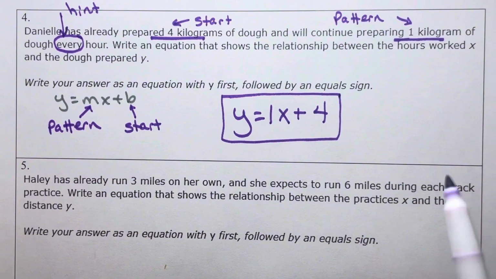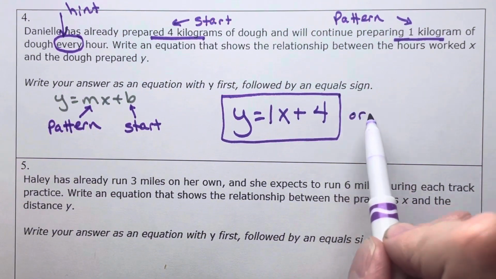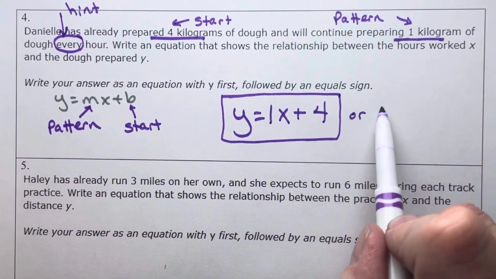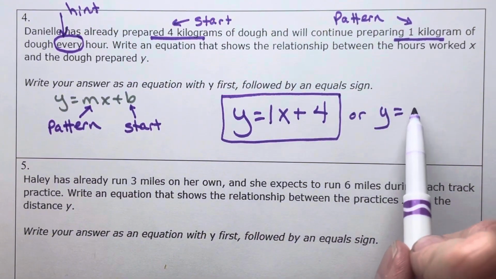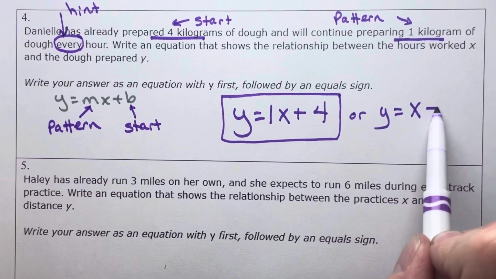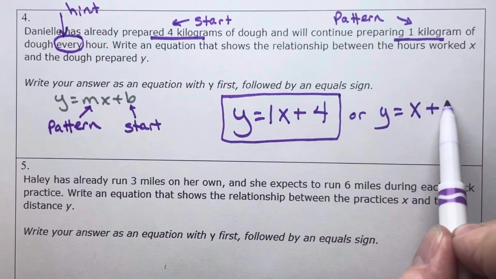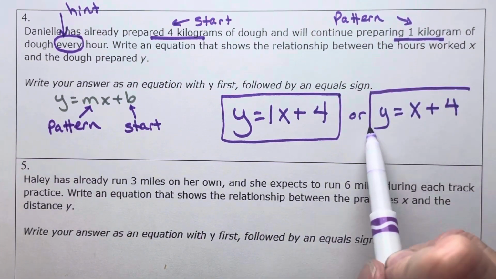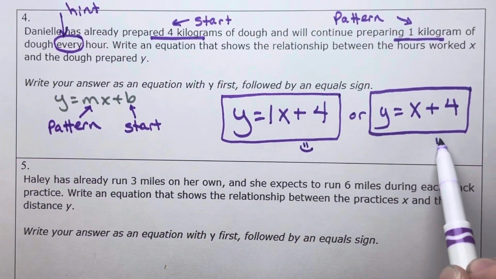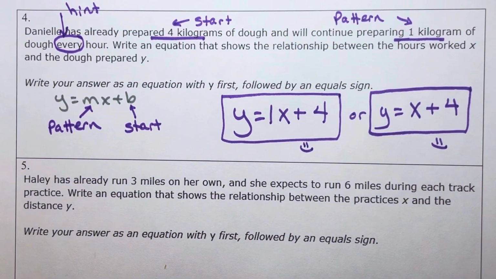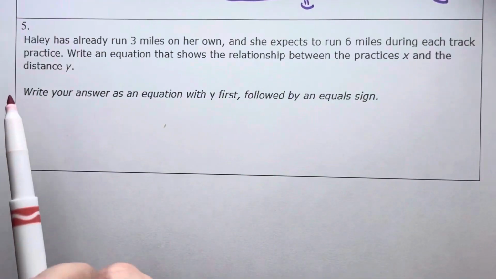And if you have a teacher or a platform that doesn't want you showing that, then you would say, okay, the 1 can be understood if there is no number in front of the x, thus giving us y equals x plus 4 as our final equation, knowing that both of these mean the same thing. And there you go. Example 5.